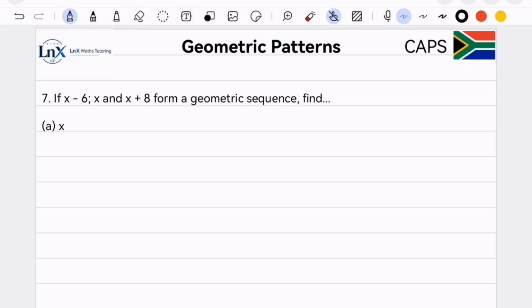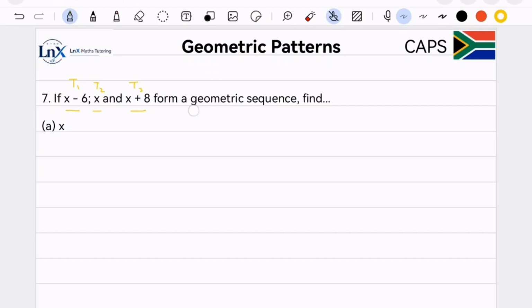Alright, let's proceed. So first thing first, the best way to look at this question is to look at these terms, x minus 6, x and x plus 8, as the first three terms, right? So your x minus 6 will be t1, and x will be t2, and x plus 8 will be t3, which is your first, second, and third term, right?